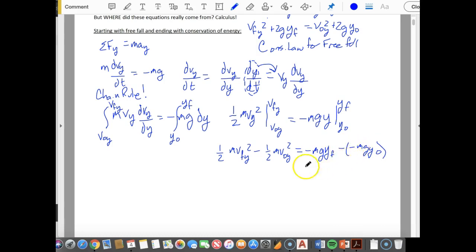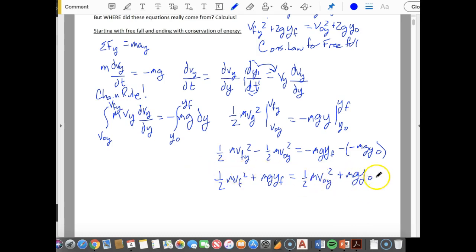A negative and a negative make a positive, so what we end up with is 1/2 mv final squared plus, so now I'm going to take this and move it to the left side, and that is mgy final, and that's equal to, so a negative and a negative are positive, and if I take this and move it to the other side, I end up with 1/2 of the mass times the original velocity in the y squared plus mg, oops, that should be a plus, mgy original.